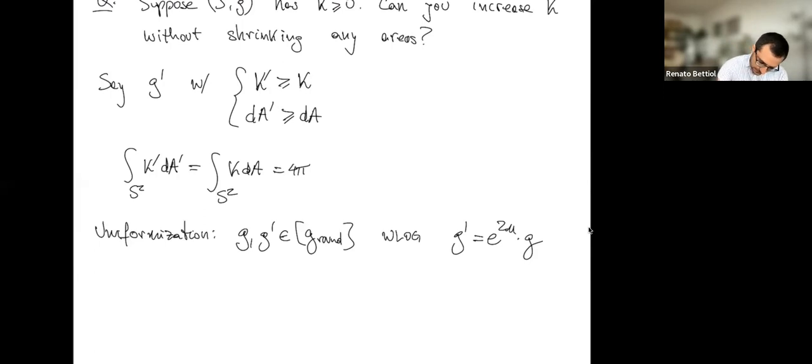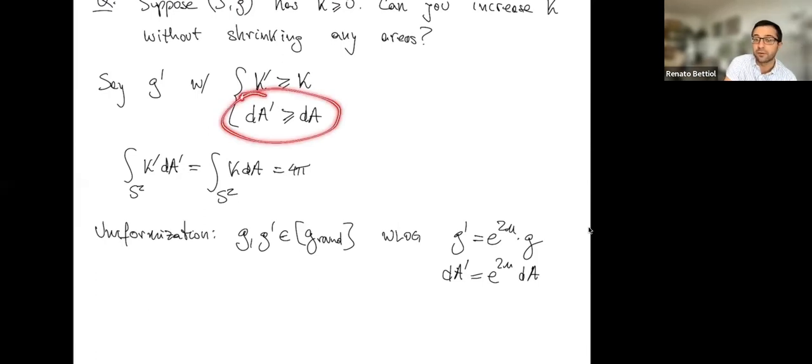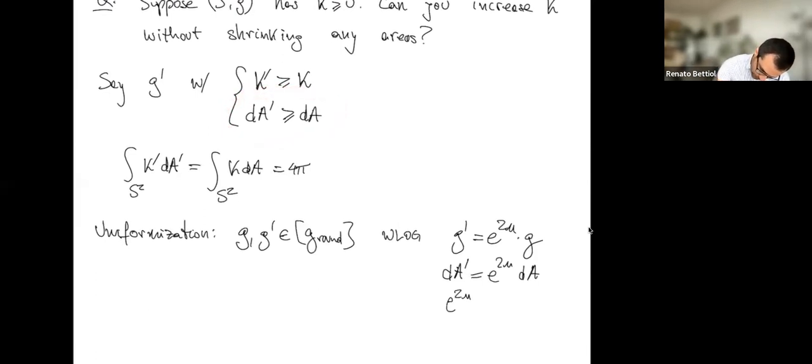In this case, the element of area is easy to write. If I multiply the metric by a function, the area element gets multiplied by the function raised to the dimension n over 2, which is 1 in this case. So I get just e to the 2u times the element of area of G. And we assume that this is bigger or equal than dA. So from this, I know that e to the 2u is bigger or equal than 1.